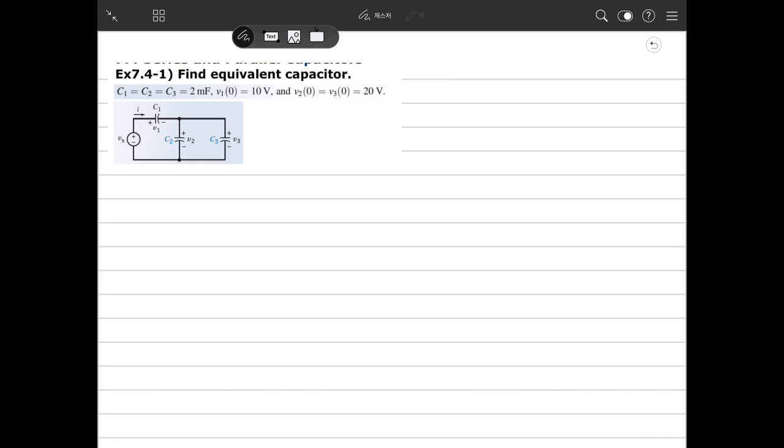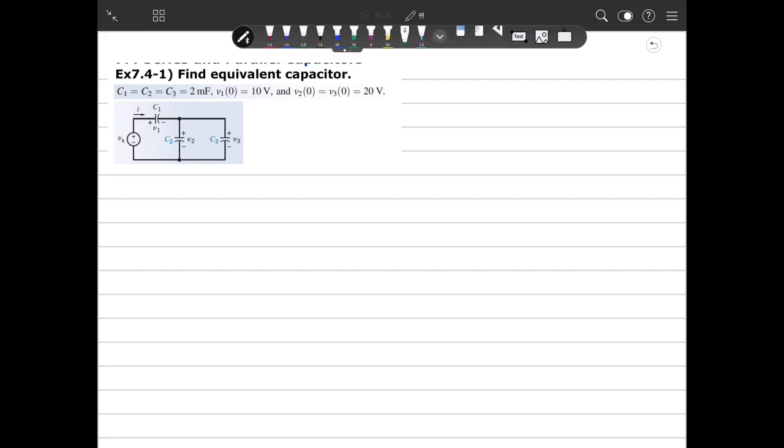First, this is very simple, but you need to know how to make an equivalent capacitance here.